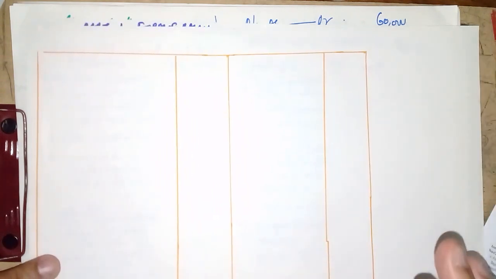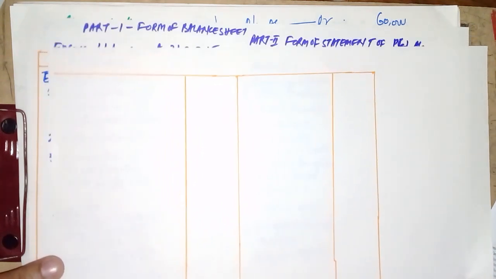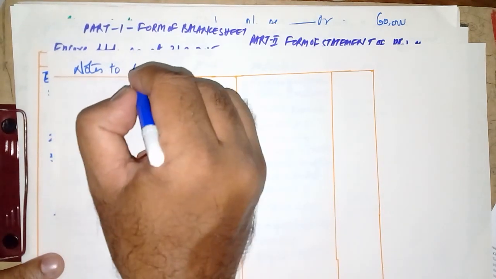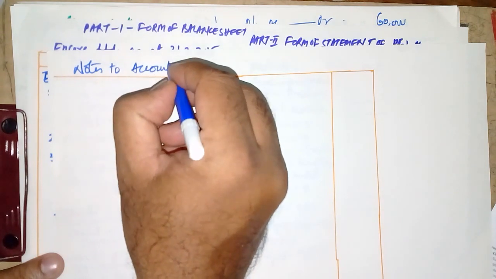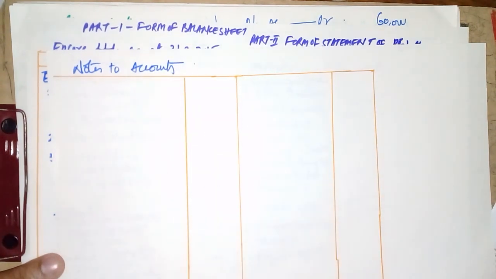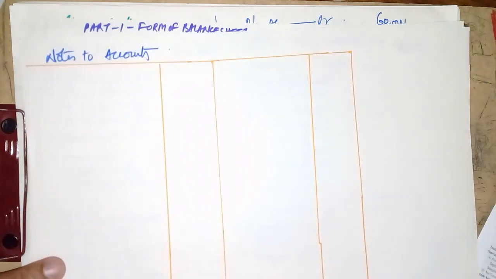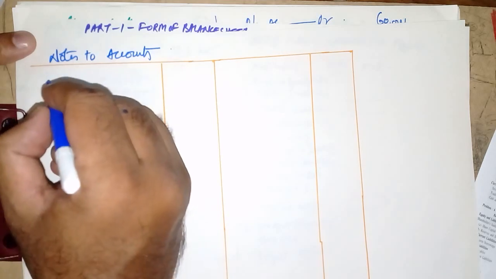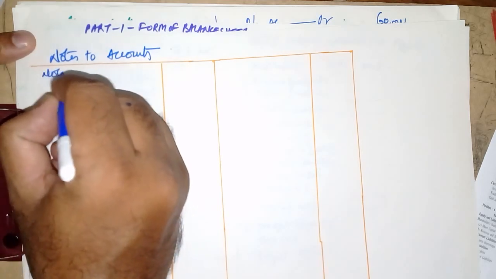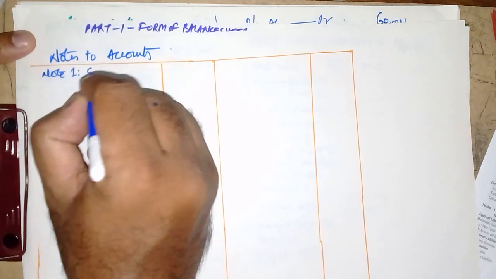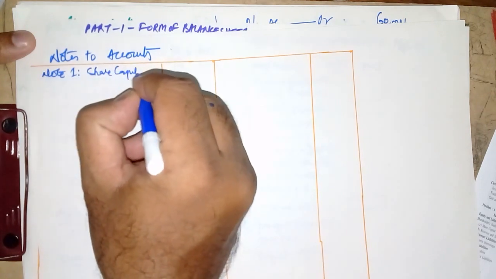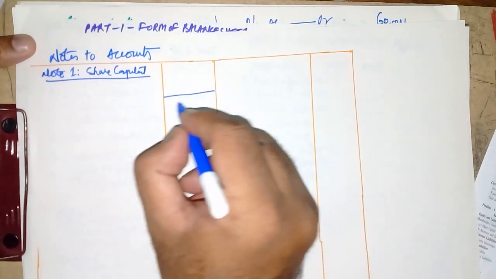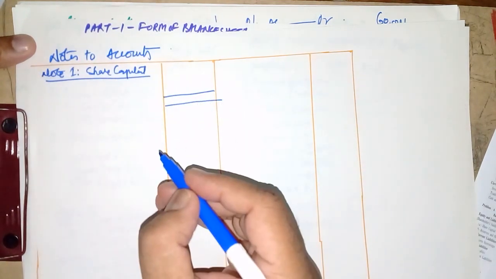See, the notes are very, very important. So we write notes to accounts, under that. So note 1, share capital, right, leave some appropriate place based on the number of transactions.